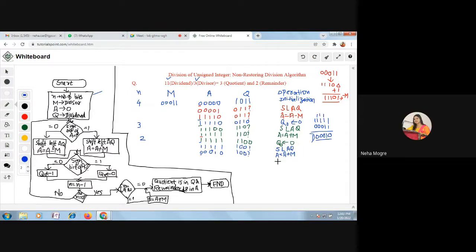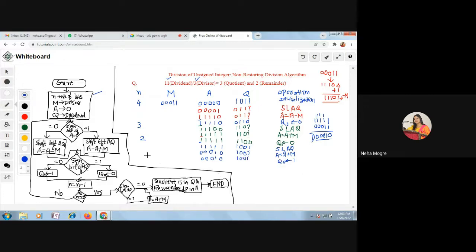So we are going to replace the value of Q0 with 1. Okay, so what it will be now? 0 0 0 1 0 and 0 0 1. Okay, so this we have performed Q0 with 1.